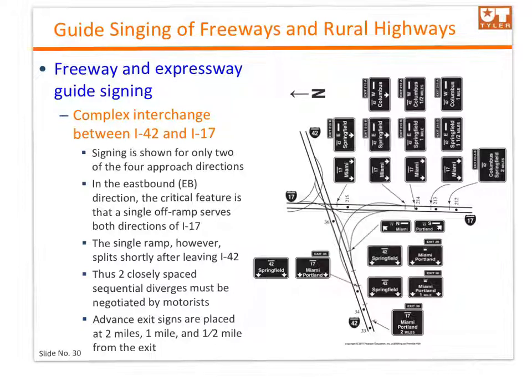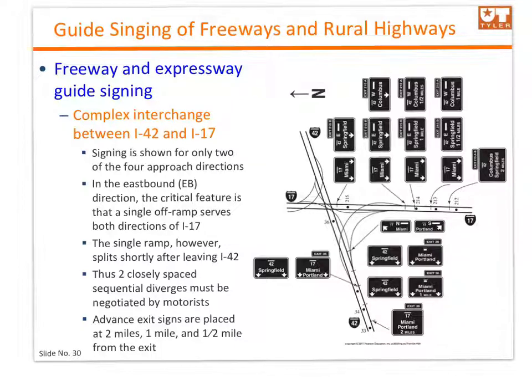The single ramp, however, splits shortly after leaving I-42. Again, that split right here is very important. So you're going this way, and once you come here, one is going this way and one is going that way. So that split here is very interesting.